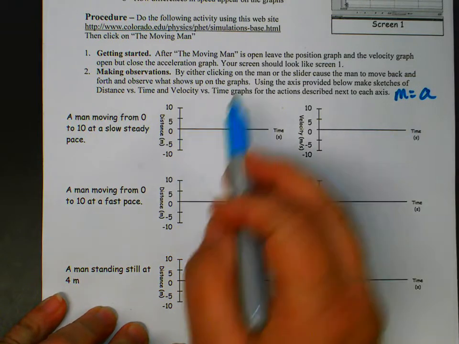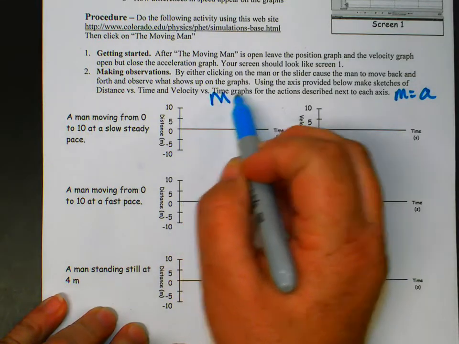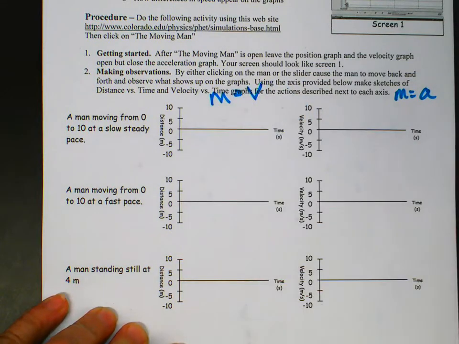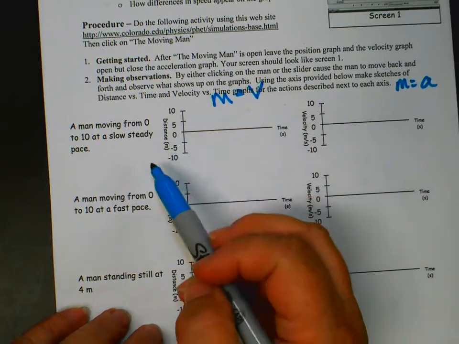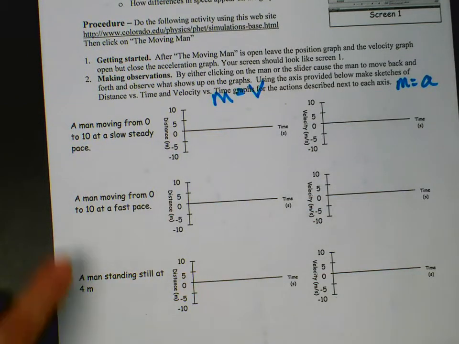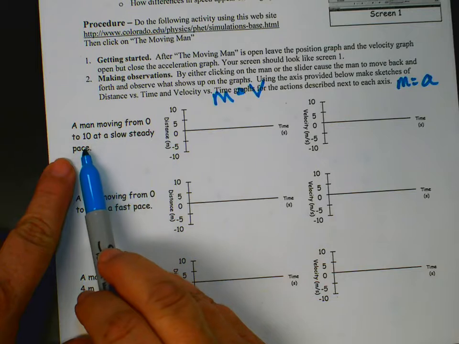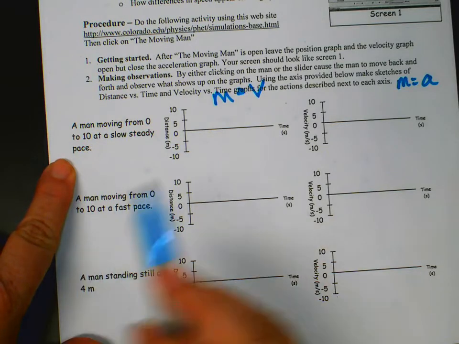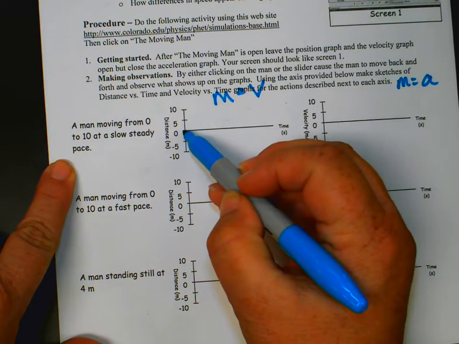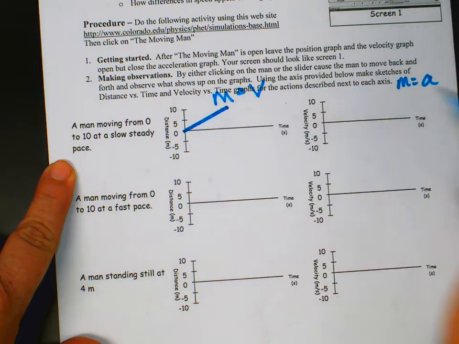Whereas over here, the slope of the line equaled the velocity. Okay? So on this one, the moving man from 0 to 10 at a slow, steady pace. So your line should be something like this.